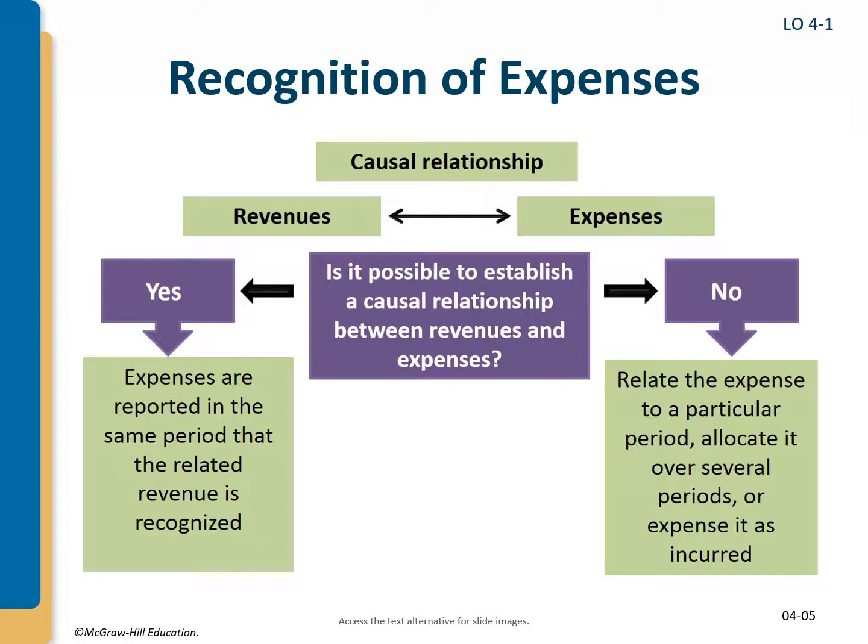And then we show some relationship here. When do we report the expenses? We've talked about this one already. Expenses that are directly related to or the result of revenues should be reported in the same accounting year. If they don't have a direct effect, we relate the expense to a particular period or time period it occurs. You know that already.